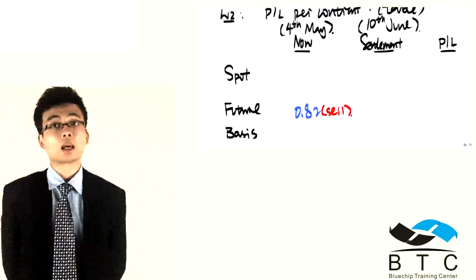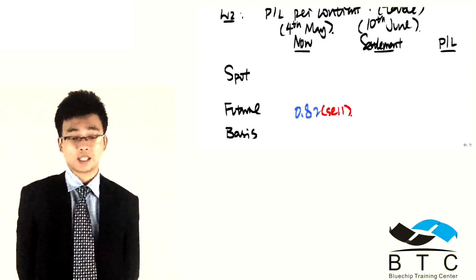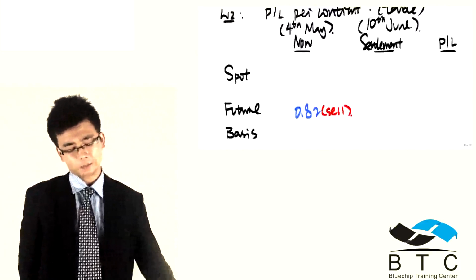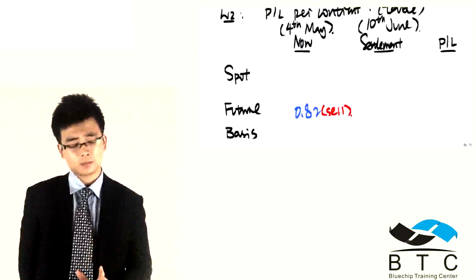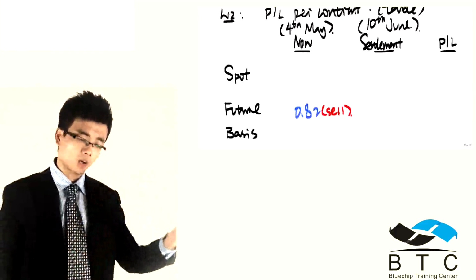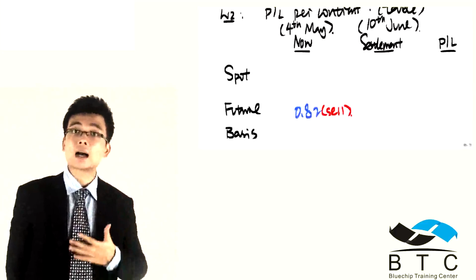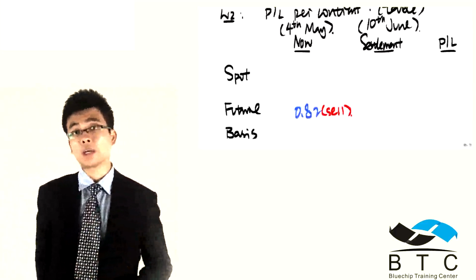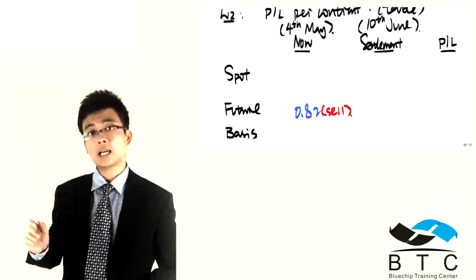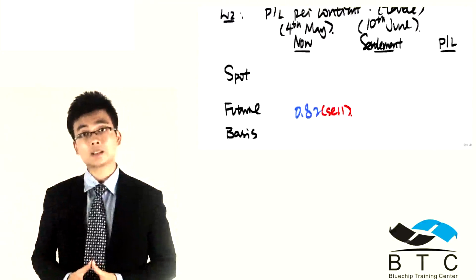So here's another question that many students get asked. Well, 0.82. Are we going to sell off the currency today at 0.82, or are we going to sell off the currency at some point in the future at the settlement date? What do you think?